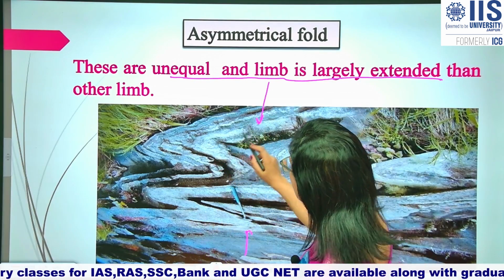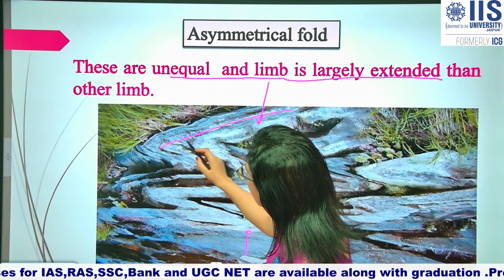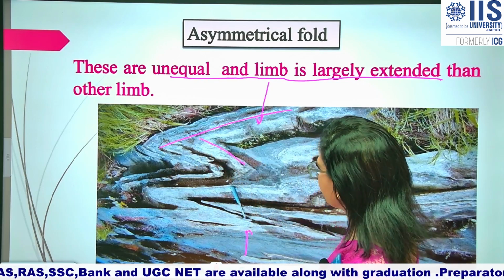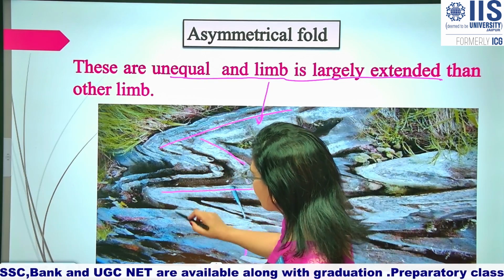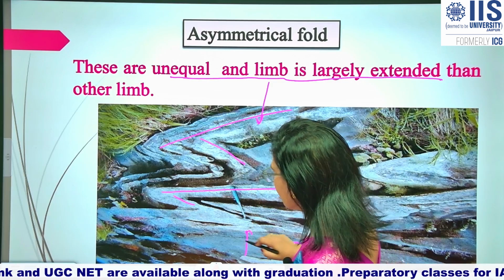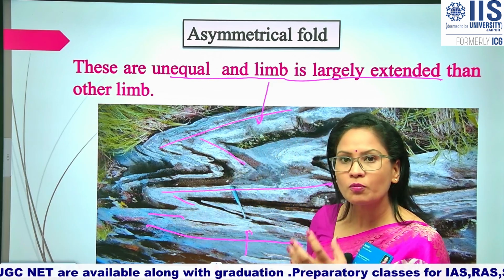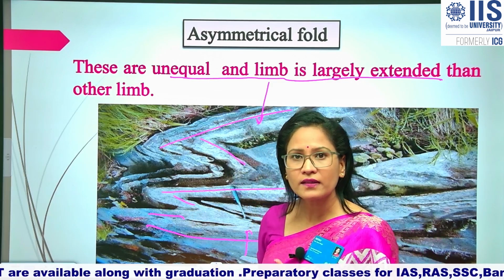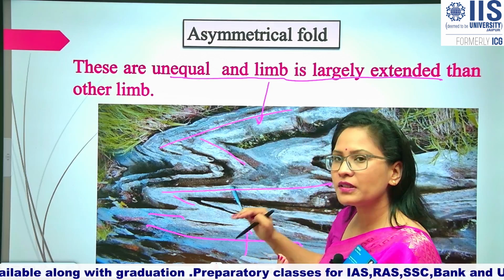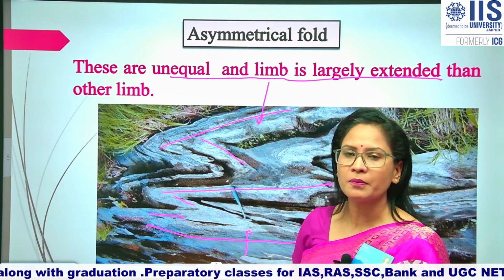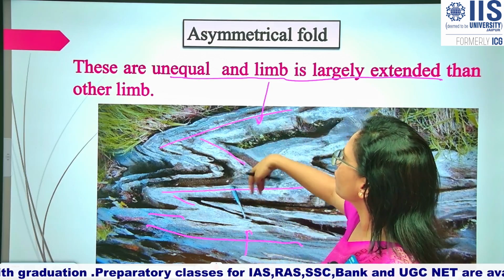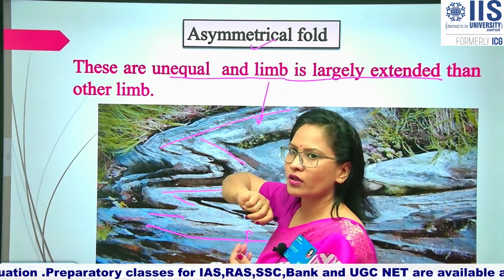For example, this limb is larger than this limb, this limb is larger than this, and this one is larger than this. So both limbs are unequal, na? Why is it so? Because of the difference in the horizontal compressive force.